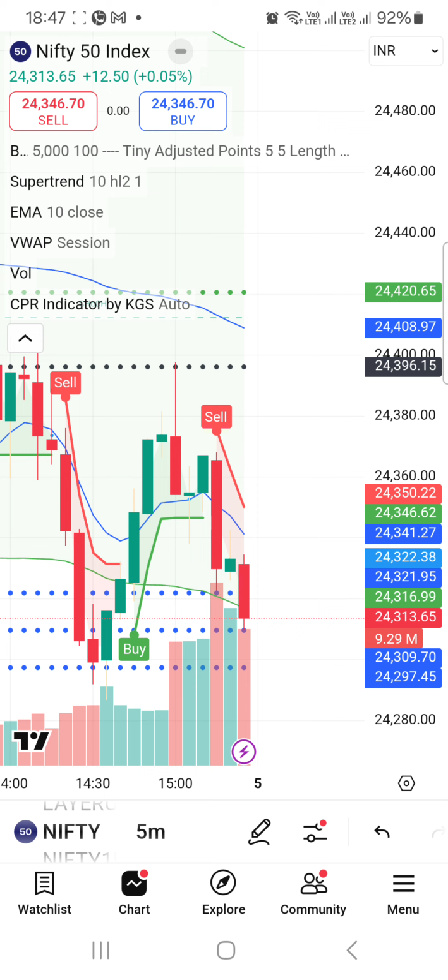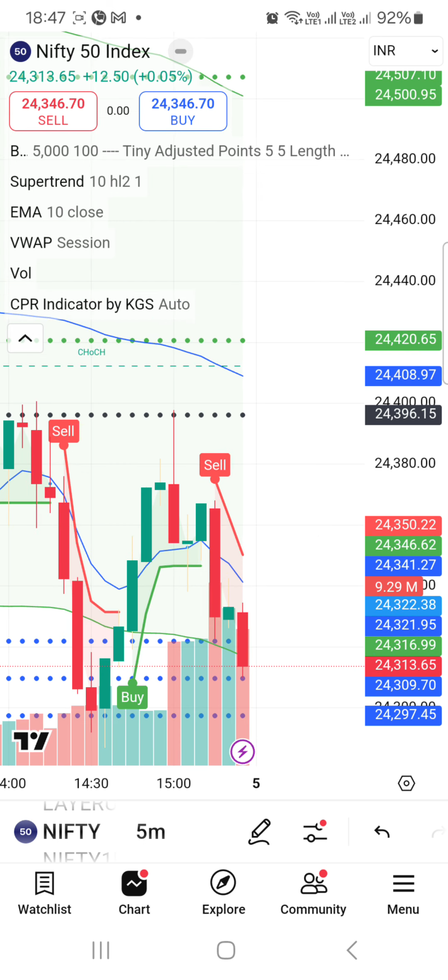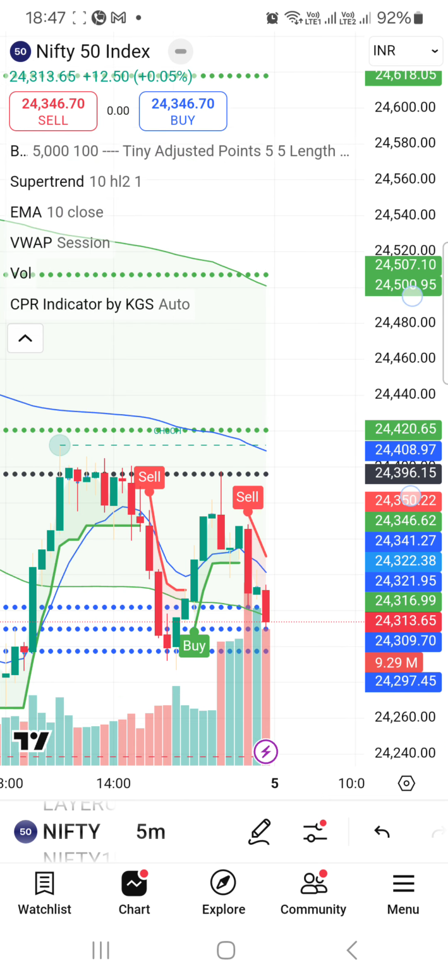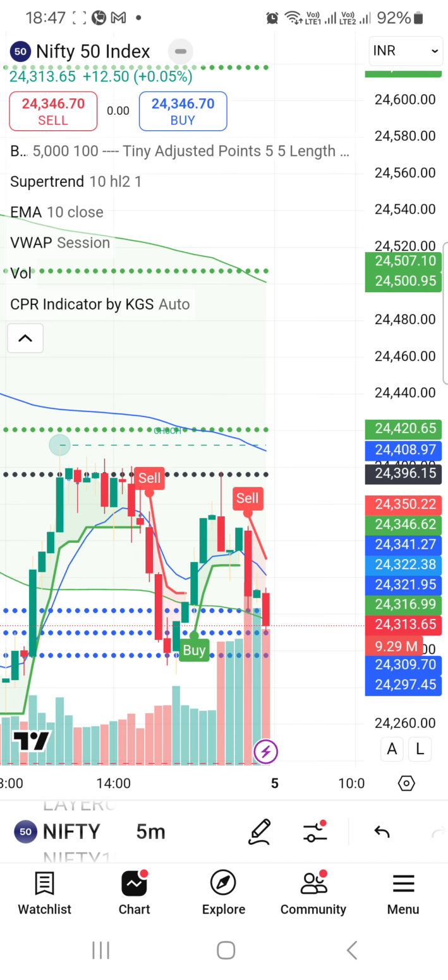So when it reaches 24316, then we have to buy, and when it reaches 24408, then it is the correct level. But when it crosses 24507, then we have to sell. That is what VWAP is used for, volume weighted average price.